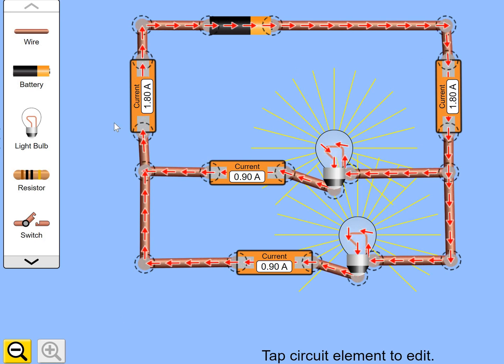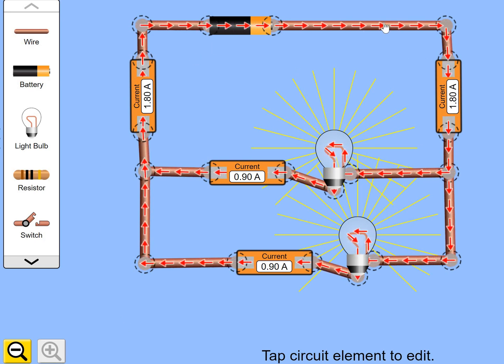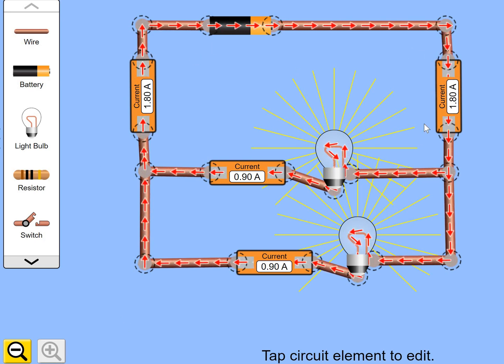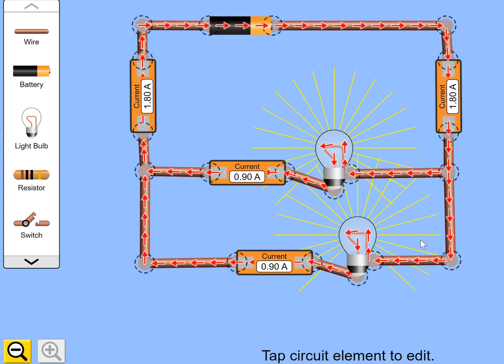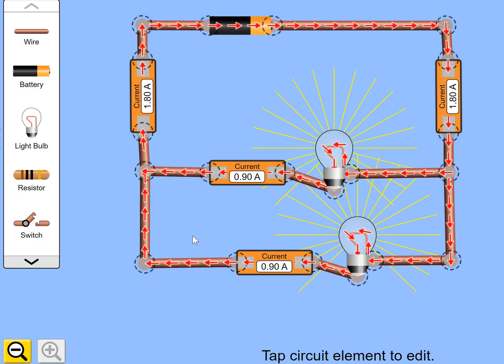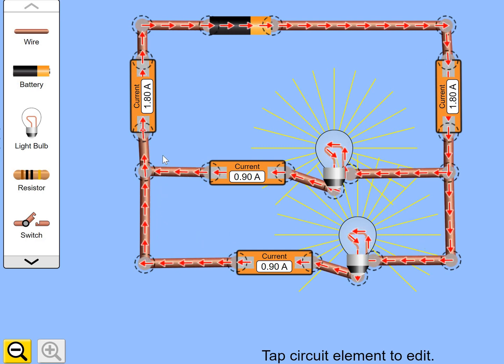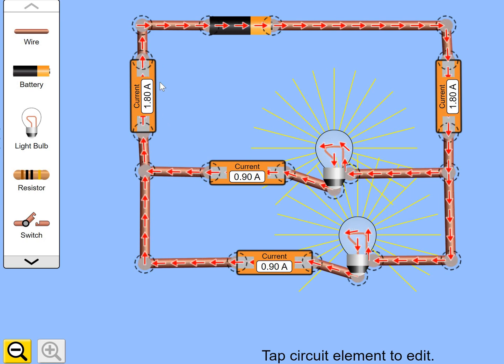This means that when current flows through a parallel circuit, the current splits between the branches, and then on the other side all the currents rejoin again.